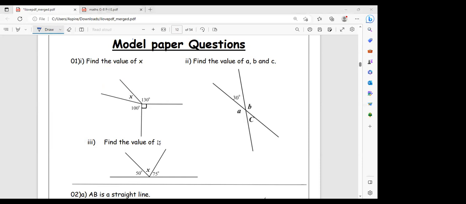Yes, who can give me the answer? Relationship of angles around a point. Yes, someone give the answer. Yes, Dilon Dinsara.